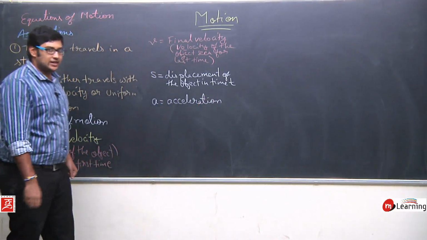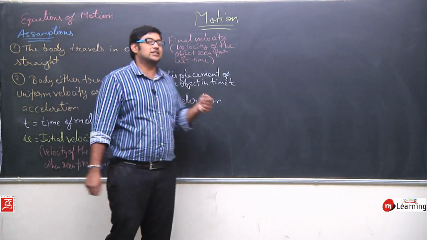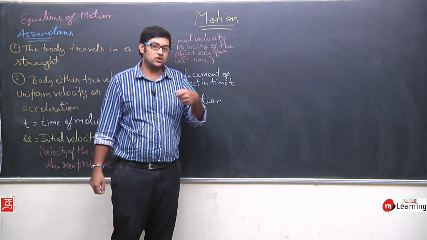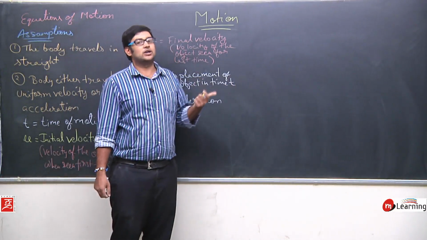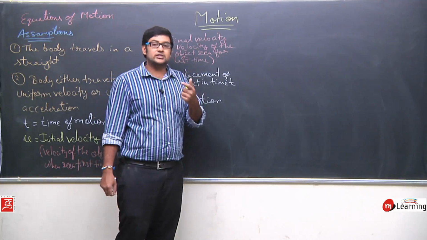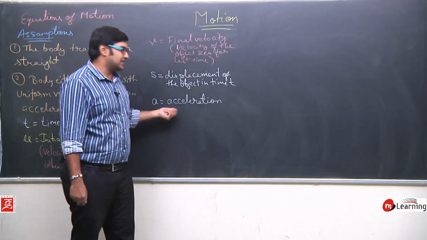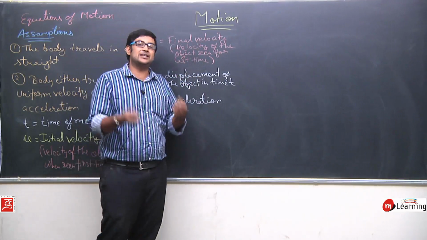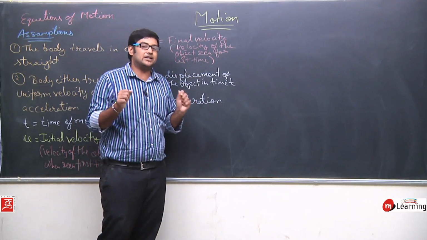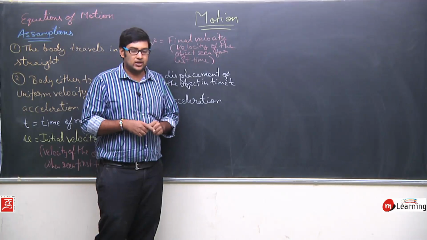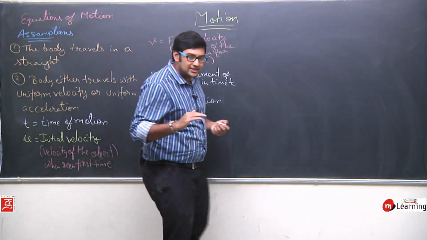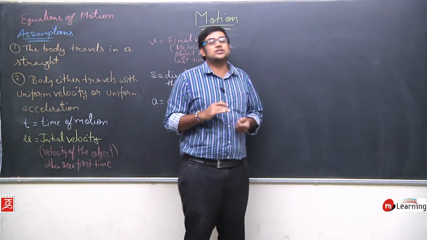So what we are considering is that acceleration is constant. Acceleration is not increasing or decreasing, it's simply constant. It may be positive or negative, but that does not matter, it has to be constant. If the speed of the object is decreasing, it should decrease at a constant rate.